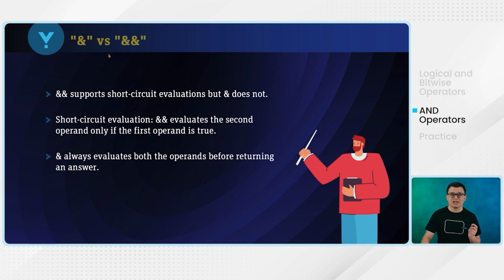But when you use the bitwise AND operator, even if the first expression is already false and the final result is still going to be false, it will still evaluate the second Boolean expression that you give. So this operator always evaluates both expressions before returning an answer.